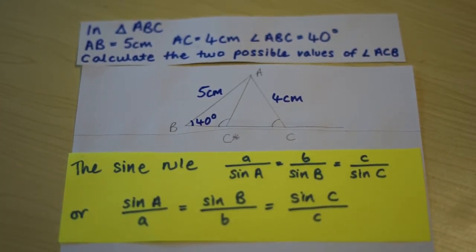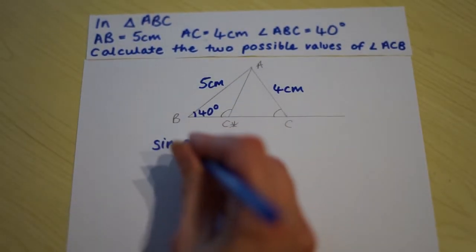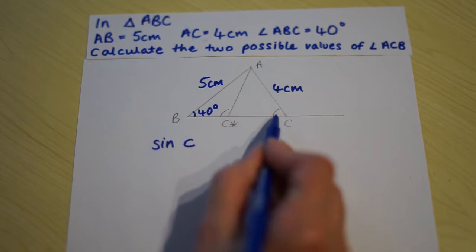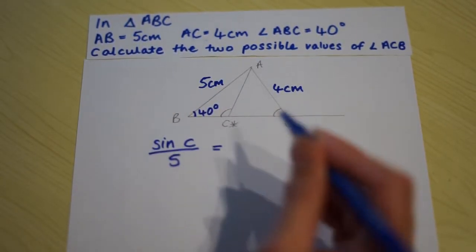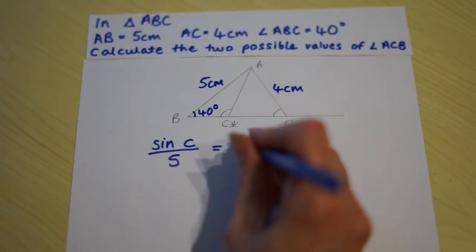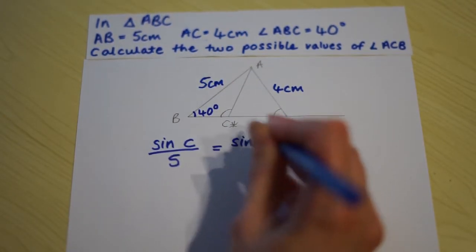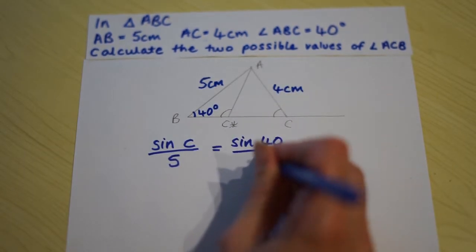And here's a quick reminder of what the sine rule is. The top version tends to be used when we are working out a side, and this version when we are working out an angle. So we'll concentrate on the bottom version to calculate our unknown angle. Sine C, which is the angle, opposite 5, equals sine of 40 opposite that side.